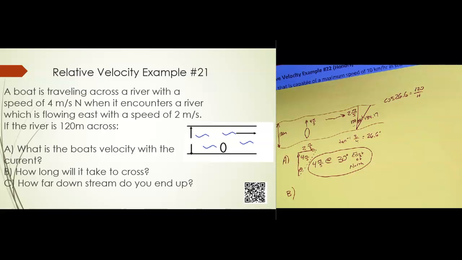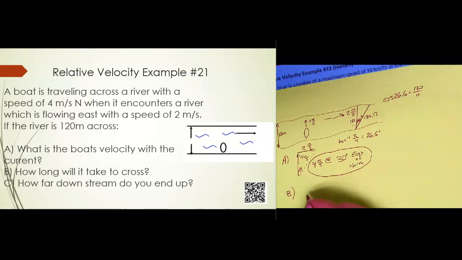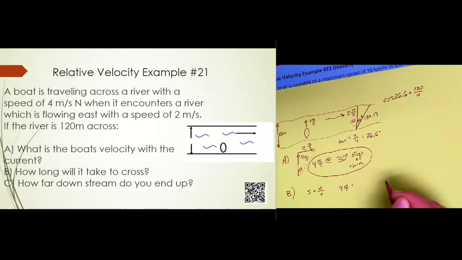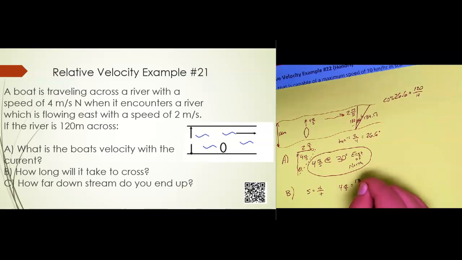Okay. From there, if you know that you are traveling at 4 meters per second, so your speed is equal to your distance over your time. So you're going to have 4 meters per second is equal to your distance, which is 134.17 over time.